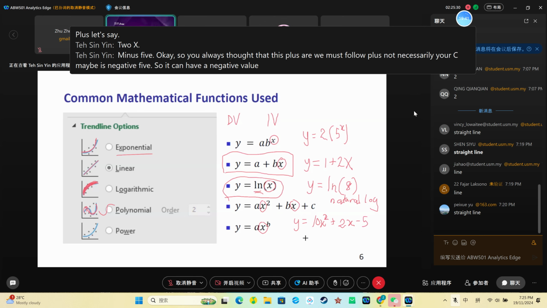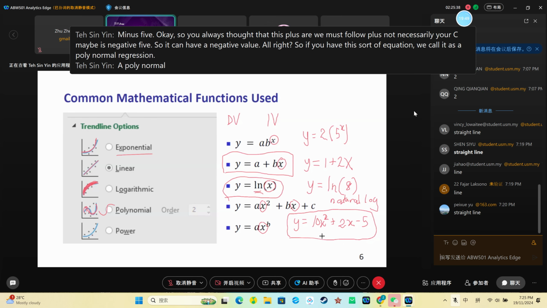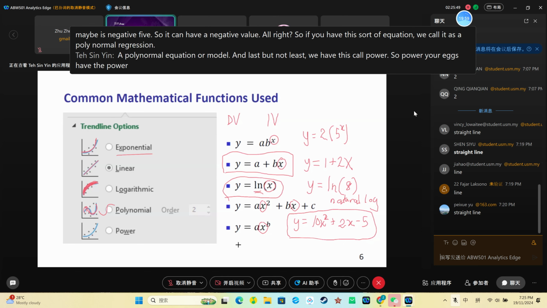All right. So if you have this type of equation, we call it a polynomial regression, polynomial equation, or model. And last but not least, we have the power. Your x has a power, for example, power 3.